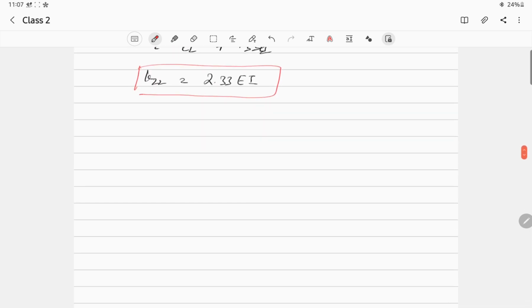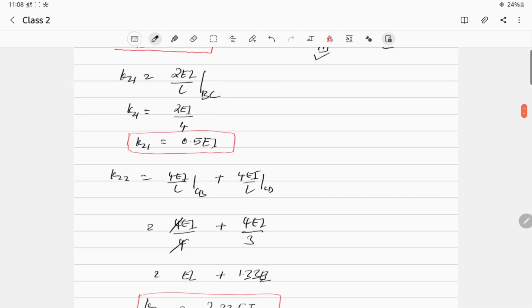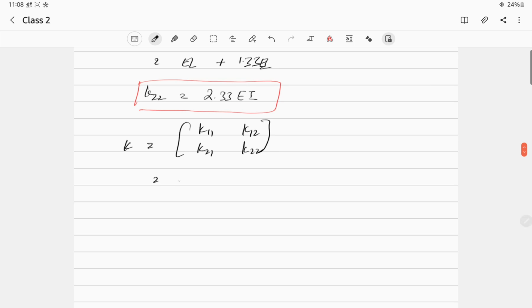So this is the stiffness matrix we have got. I will write down all the values. K is equal to the matrix K11, K12, K21 and K22. K11 we got as 2.33 EI.